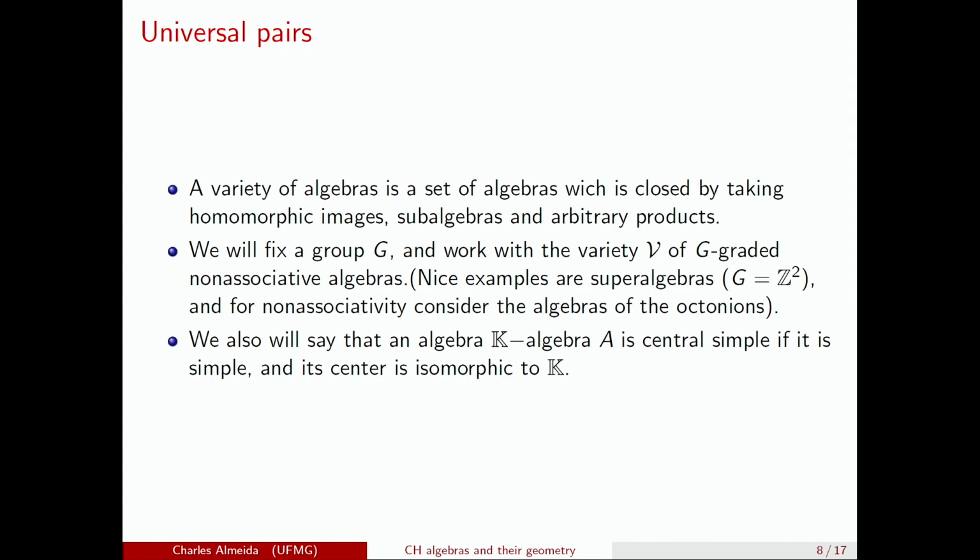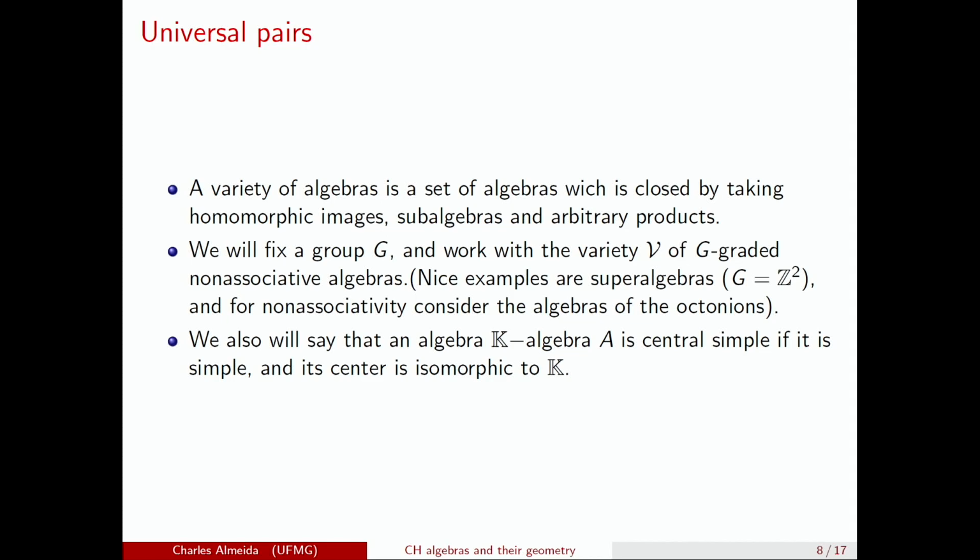Here, again, we need some definition. I will try to explain what this definition means. A variety, for those working with PI theory or PI algebras, is not the variety that we are used to, but just an algebraic concept.